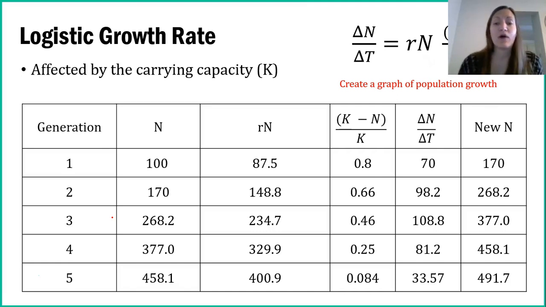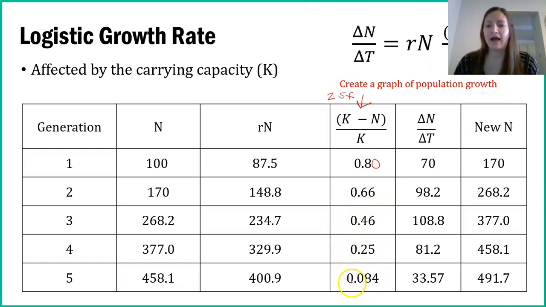And you'll notice that I only have one decimal place for the big numbers, and then for this k minus n over k, I know I told you we wouldn't use significant figures, but I do 2 sig figs, so this would be a 0. So I have 2 decimal places.